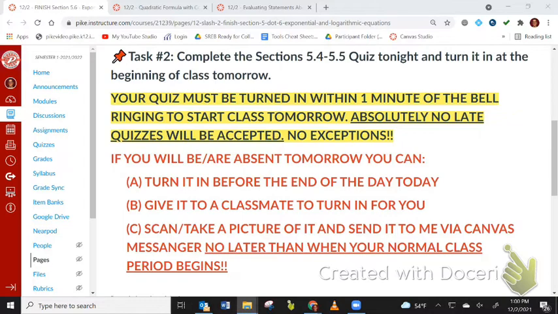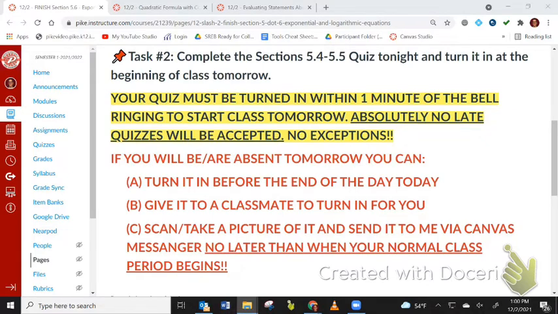Your quiz is going to be a take-home quiz. Tomorrow, when you come into the room, you will have up to 60 seconds after the bell rings to turn it in. Basically, do not come into the room tomorrow without it done and you're furiously scribbling at your desk. It needs to be done when you come in, okay?